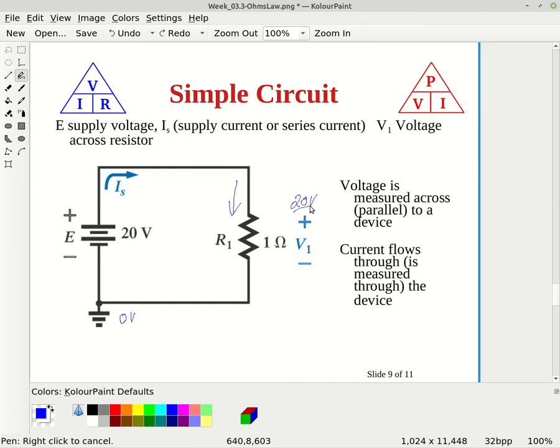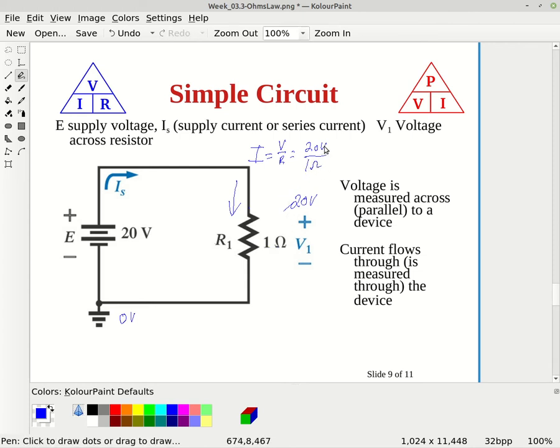So we can therefore calculate the current I. We cover up what we want to find, and then we get that I is the voltage divided by the resistance, which gives us 20 volts divided by the resistance, which is 1 ohm.